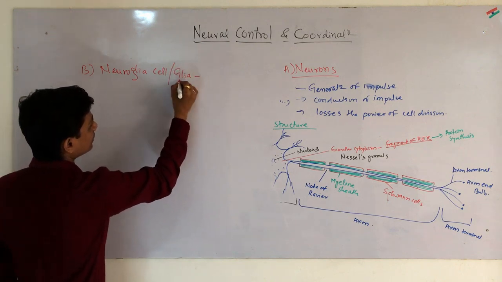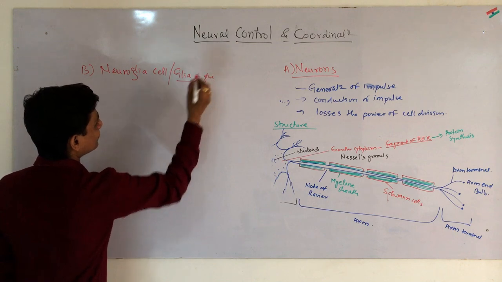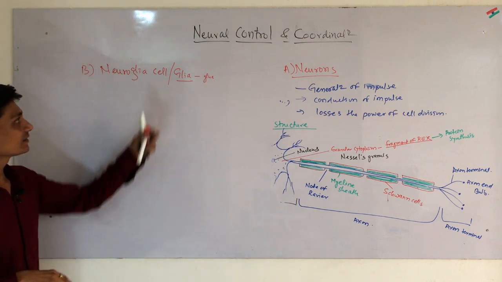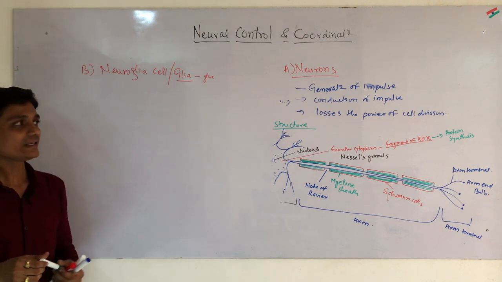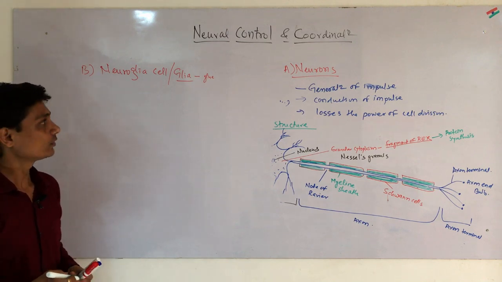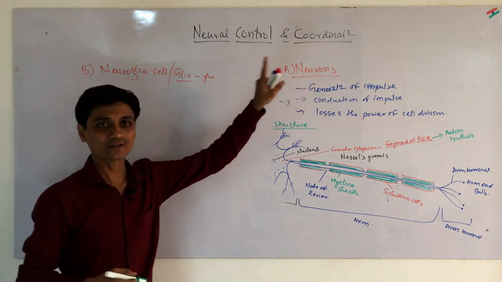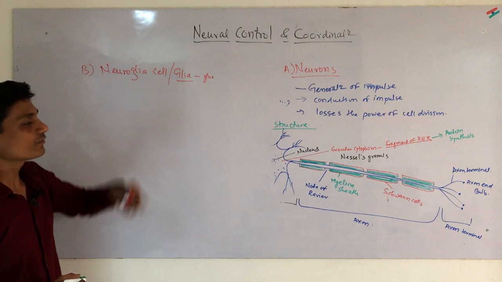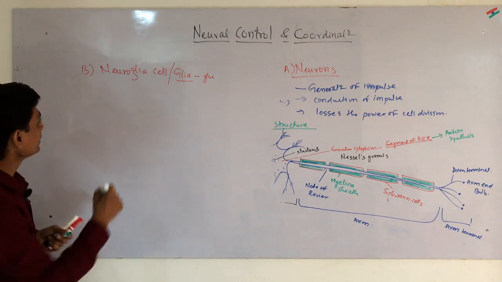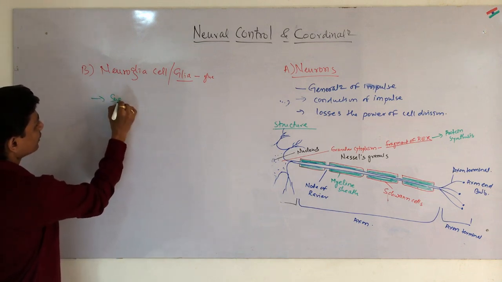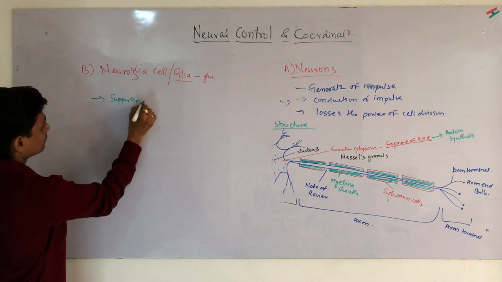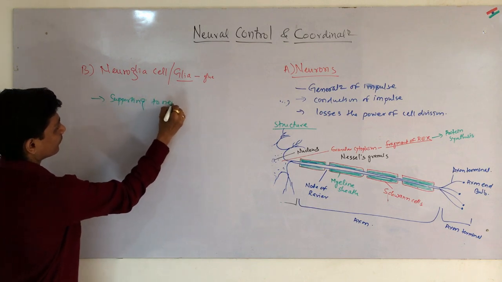Glia means glue. As the name indicates, glue means they are providing support to the neurons. The main function of this neuroglia cell is supporting function, supporting to neurons.